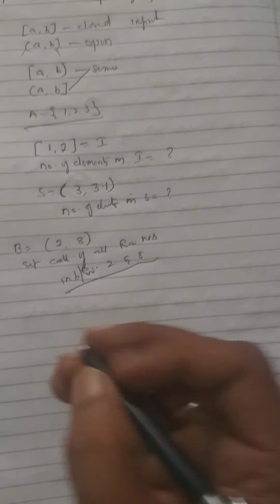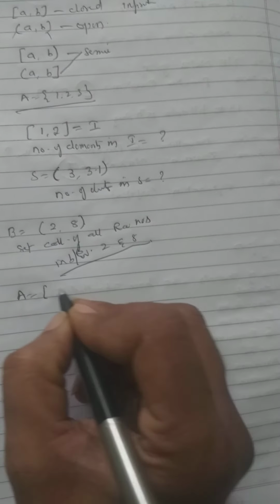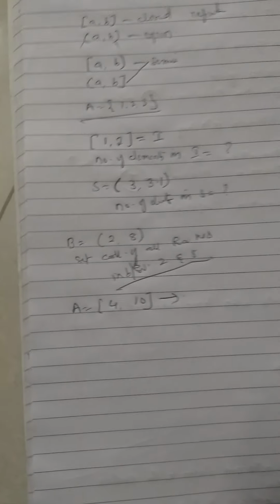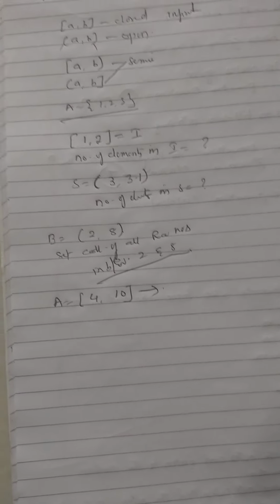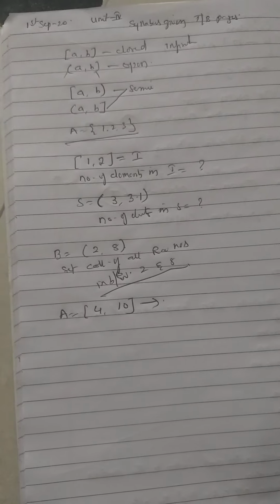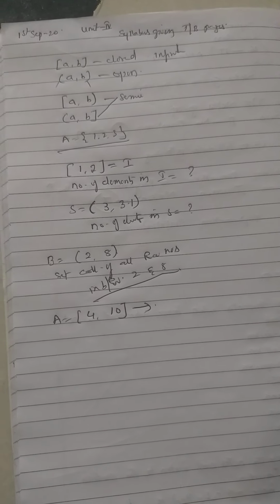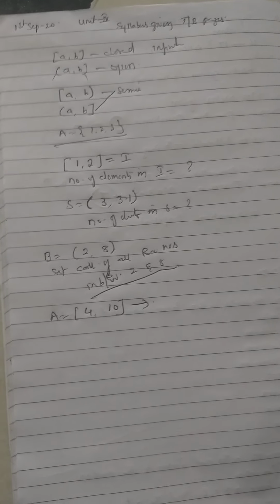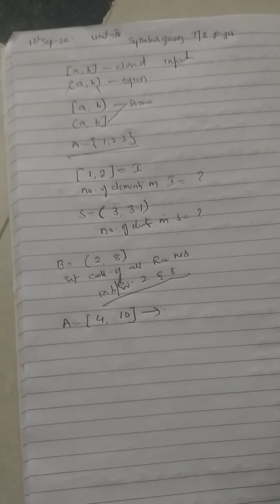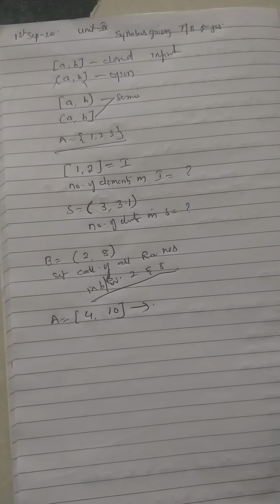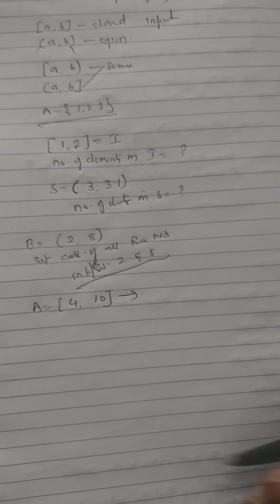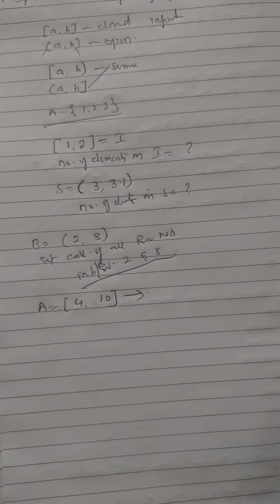That is the definition. Suppose A is equal to [4, 10]. This set is given to you. A is a set with a special name, closed interval [4, 10]. It is defined as the collection of all the real numbers which are in between 4 and 10, including 4 and 10.